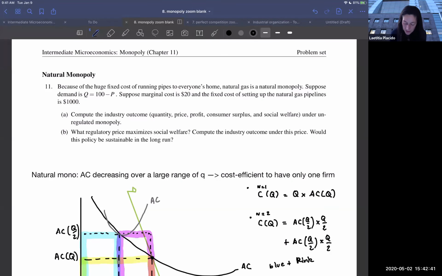Okay, so question B. What regulatory price maximizes social welfare? Compute the industry outcome under this price. Would this policy be sustainable in the long run? So what did we say?